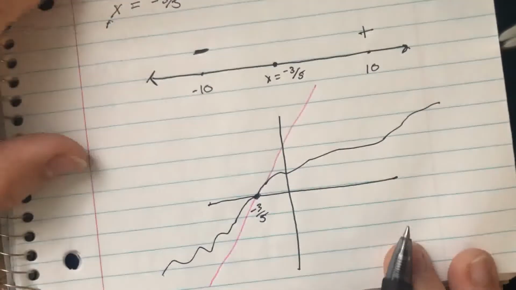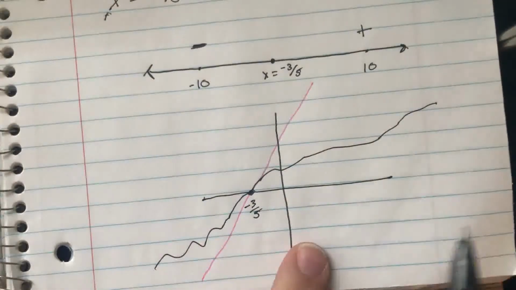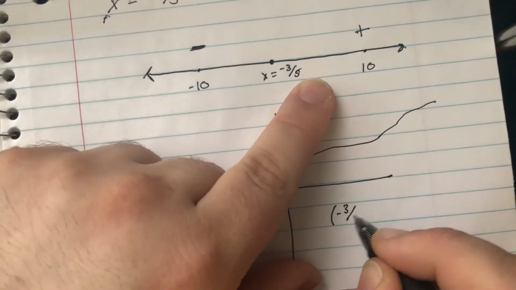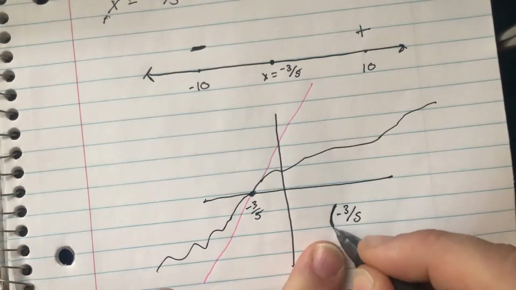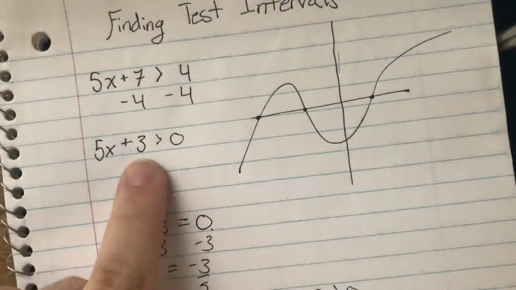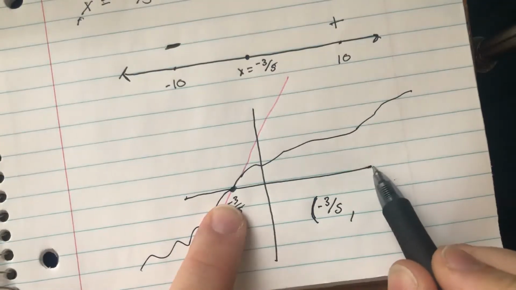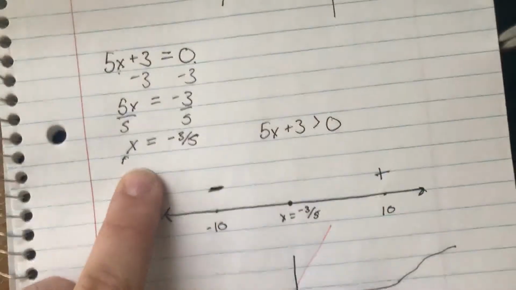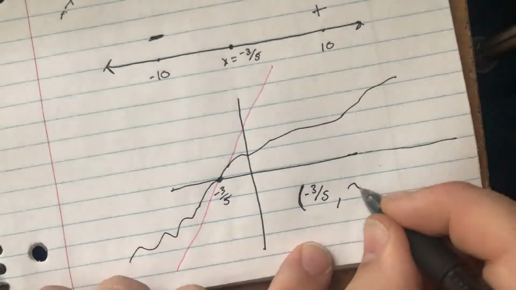So we can say that the interval where 5x plus 3 is greater than 0 is going to be the interval starting at negative 3 over 5, and we don't include it because there it's equal to 0, and we're just looking for greater than 0. And then it doesn't ever cross the x-axis again, because it's only 0 at one point. So it's going to be somewhere up here for infinity.